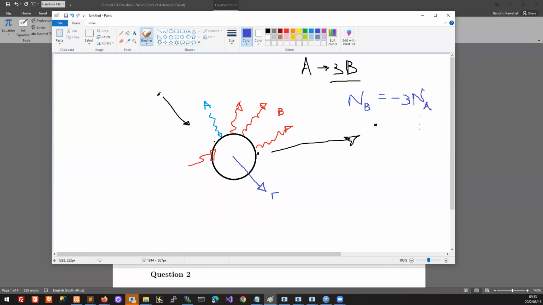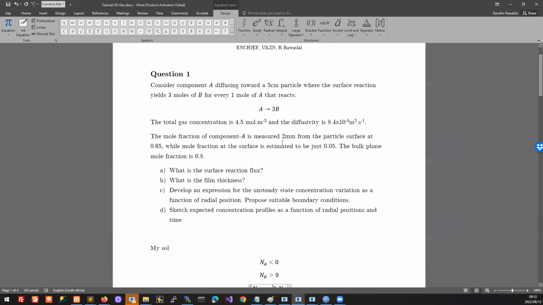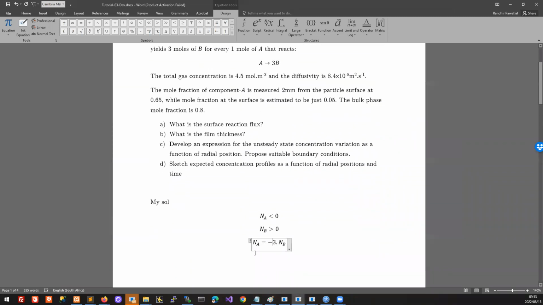And you can see that we did it wrong here. If you just go by the problem, it looks kind of automatic. There's A, there's 3B, so I've got NA, that must be minus 3NB. And that's the wrong way around, right? So it needs to be NB equals minus 3NA, okay?